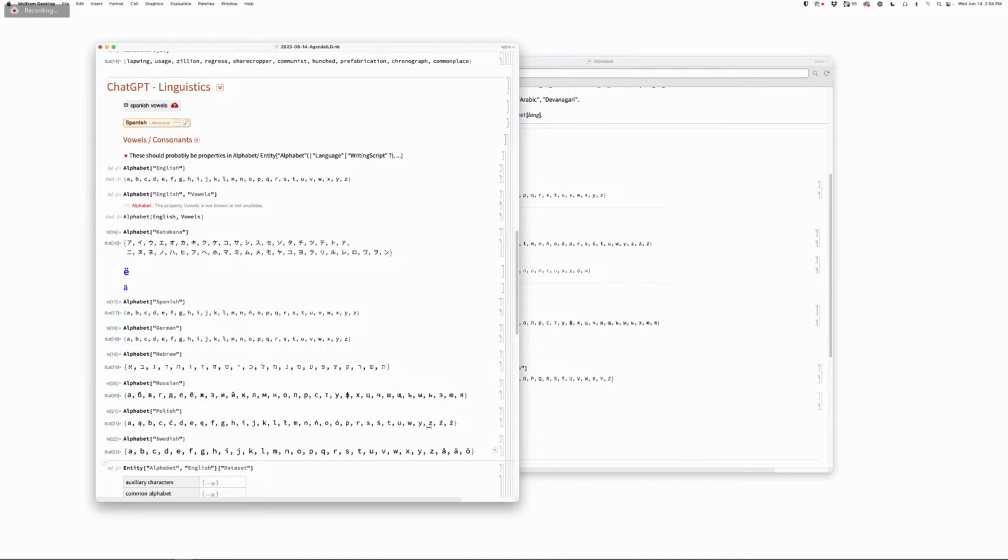But in Swedish, presumably that's not the case. So in Swedish we would say the vowels include A umlaut, for example. But in German, we would say the vowels just include things which are subcases of the alphabet list. Is that correct? Yeah, I think that's consistent.